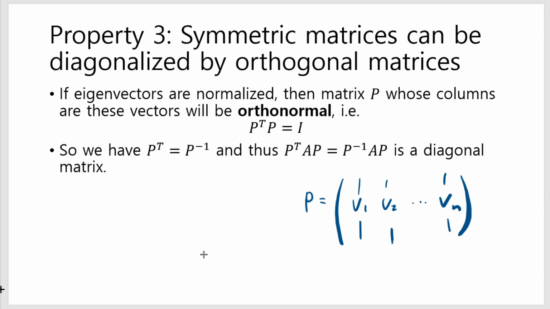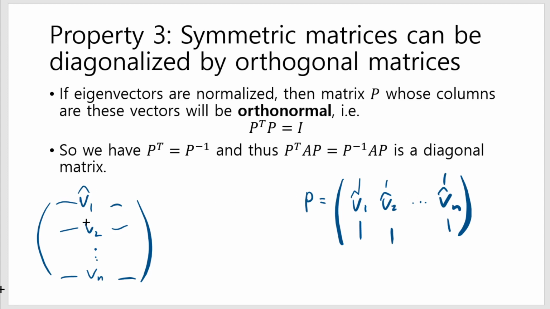And then if you take the transpose of this, then you have V1, V2, all the way up to Vn. And let's assume that not only do we take the eigenvectors, but we normalize all of them. So all of these are unit vectors, size 1 vectors, right? So this is your P transpose.